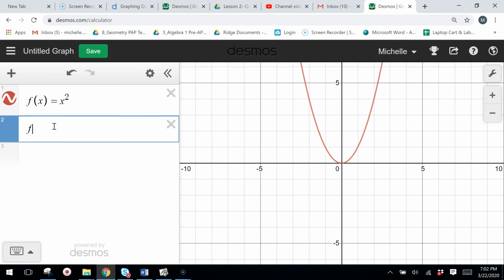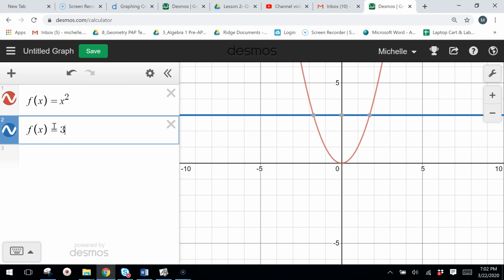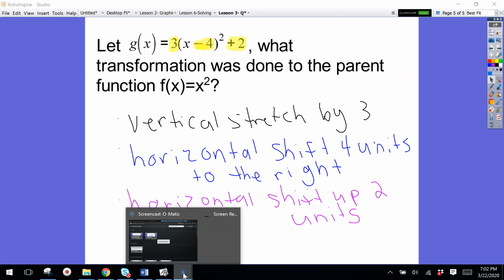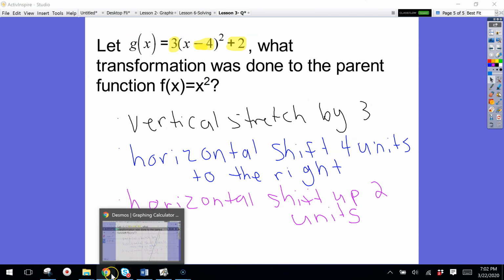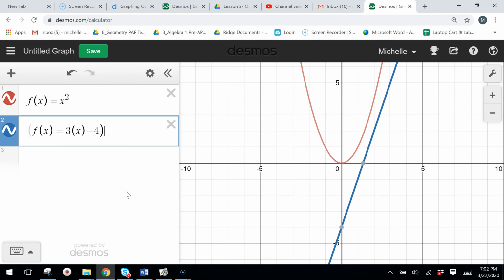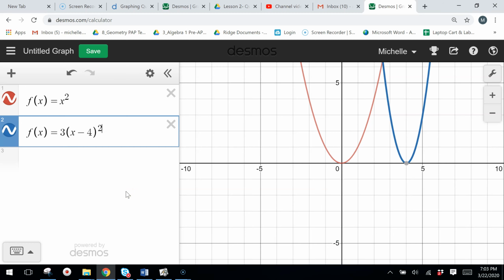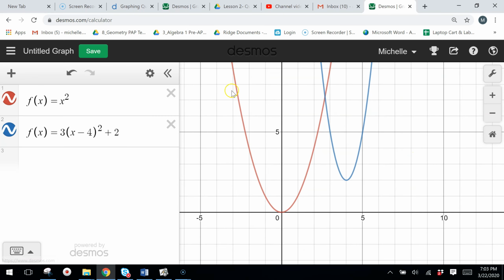Then we graph our transformation function, 3 times (x minus 4) squared plus 2. The red is my parent function, the blue is my new function. It did stretch vertically, so yes, it became more narrow.